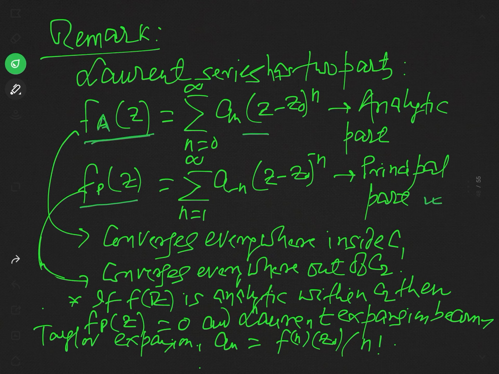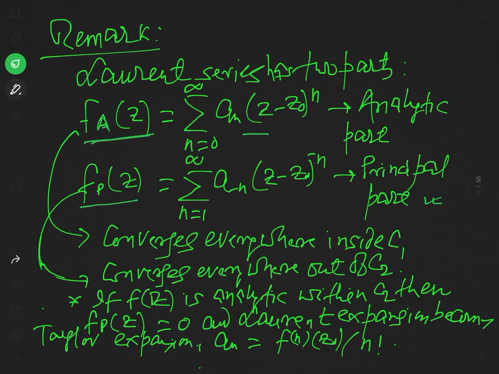This principal part is most important when, in a further lecture, we will discuss the calculus of residues. We will see the importance of this principal part of the Laurent series. In fact, the Laurent series consists of two parts: the first part is analytic and the second part is called the principal part.